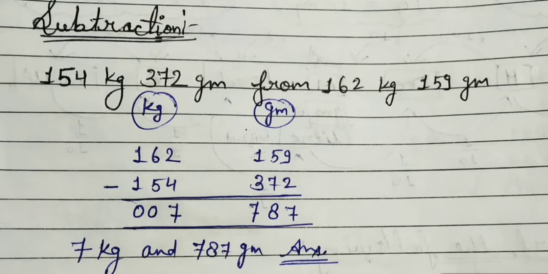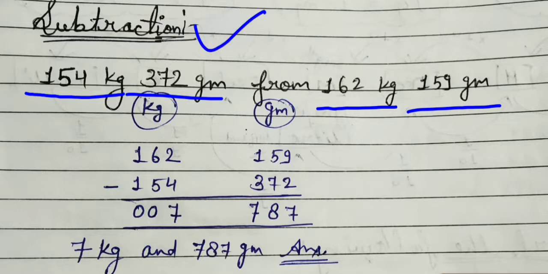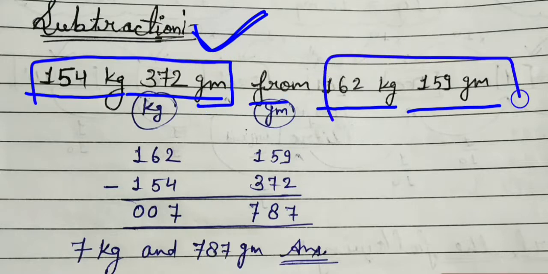You can see our question is 154 kilogram and 372 gram from 162 kilogram and 159 gram. Bachcho, here we are doing subtraction, and the question is written here that we have to subtract this part from this second part.